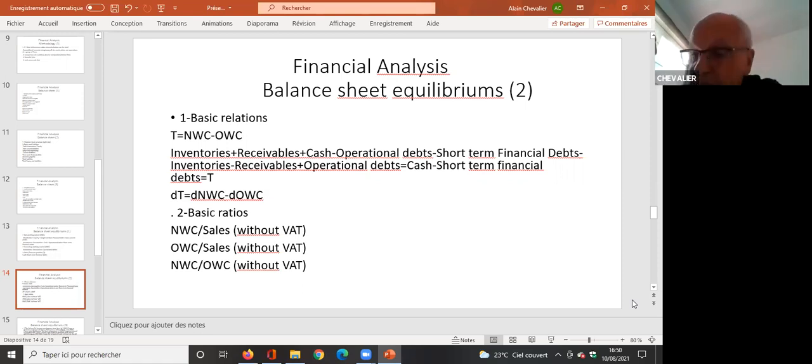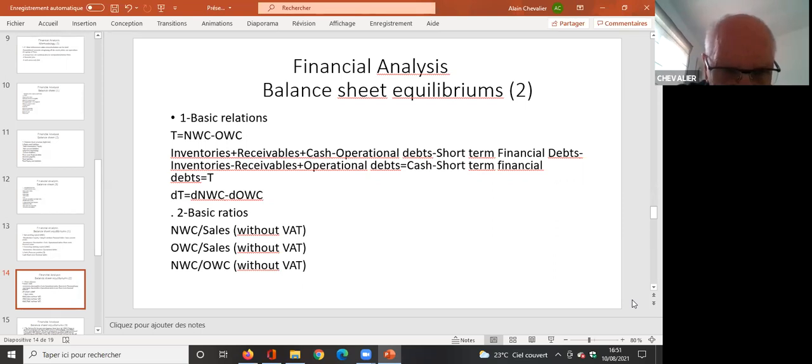And also, if you increase the level of equity, for example, issuing new shares, nothing else moving, you will increase your cash position. So this is some basic relation, but that makes it easier to understand some movements in the financial strategy of firms.